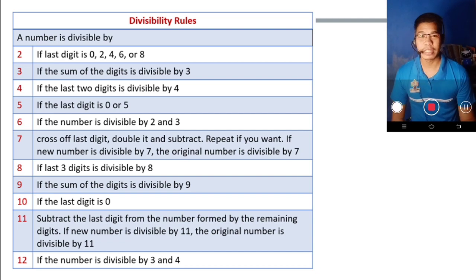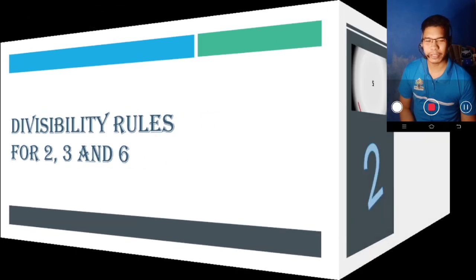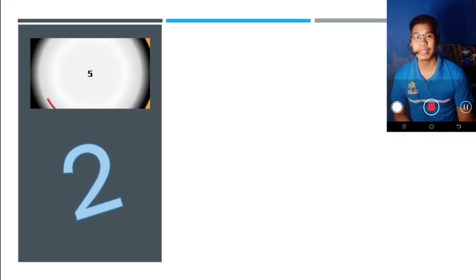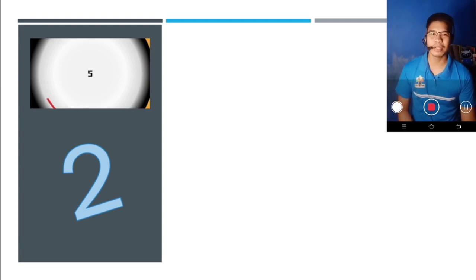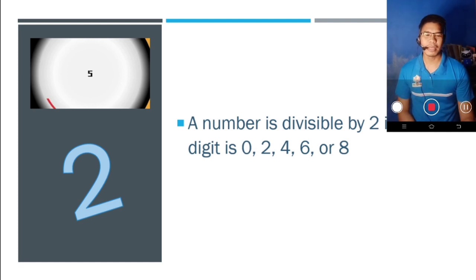Let's start with the first one, the divisibility rule for 2. How do we know if a number is divisible by 2? A number is divisible by 2 if the last digit is 0, 2, 4, 6, or 8.